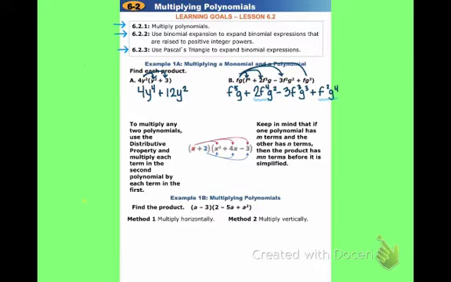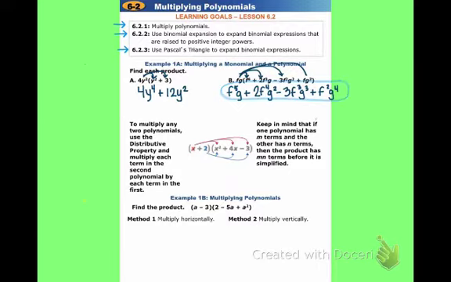So right away we can tell we can't put those together. They're not the exact same variable or combination of variables raised to the same power. So they're not like terms, and I like that, because that means I have less to do, and my final answer then is just this.